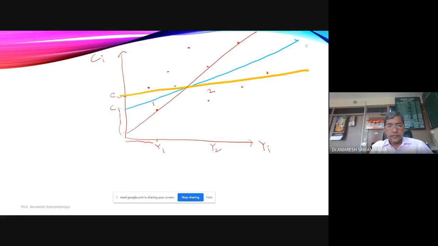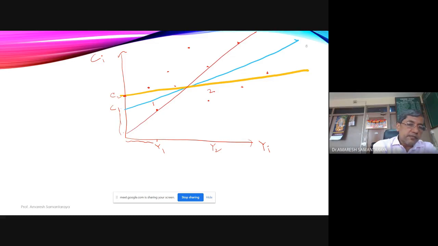How to know? The best one will represent a particular set of values of beta 0 and beta 1. So all these three lines represent different values of beta 0 and beta 1, right? Say, for example, the yellow line has certain values for beta 0, the intercept, and the slope. What is the slope? If you draw the angle of this line as theta with respect to the x-axis, then tan theta is the slope.